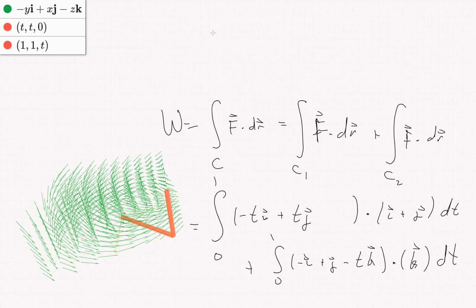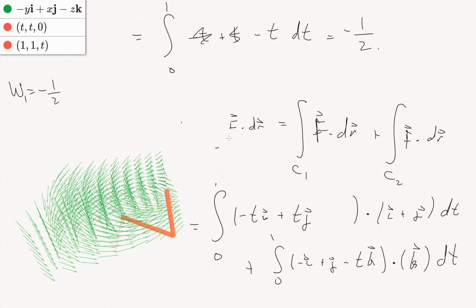This becomes the integral from 0 to 1. The first dot product is negative t plus t, so those cancel out, and then the second one is minus t dt. So that's negative 1/2. I'll put W1 for the first case.